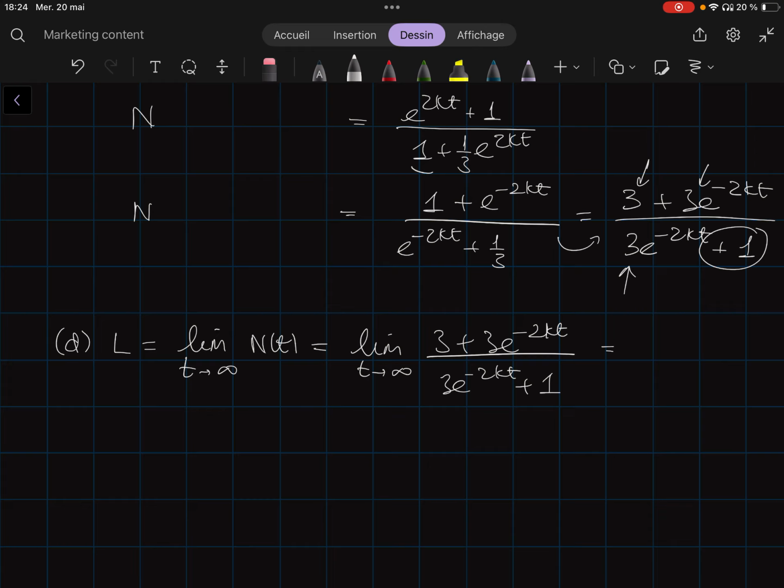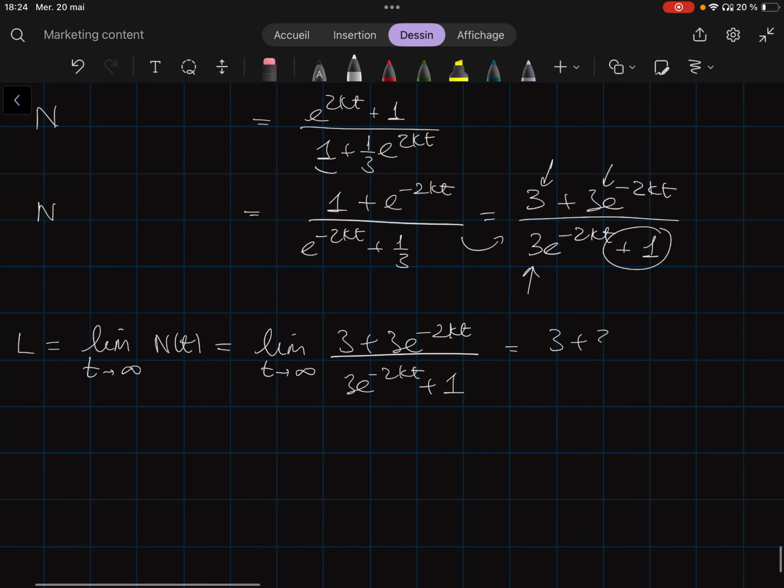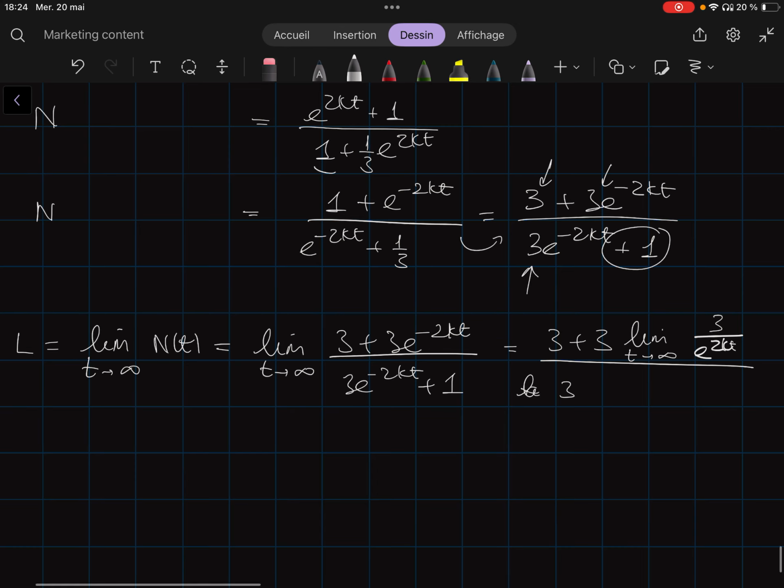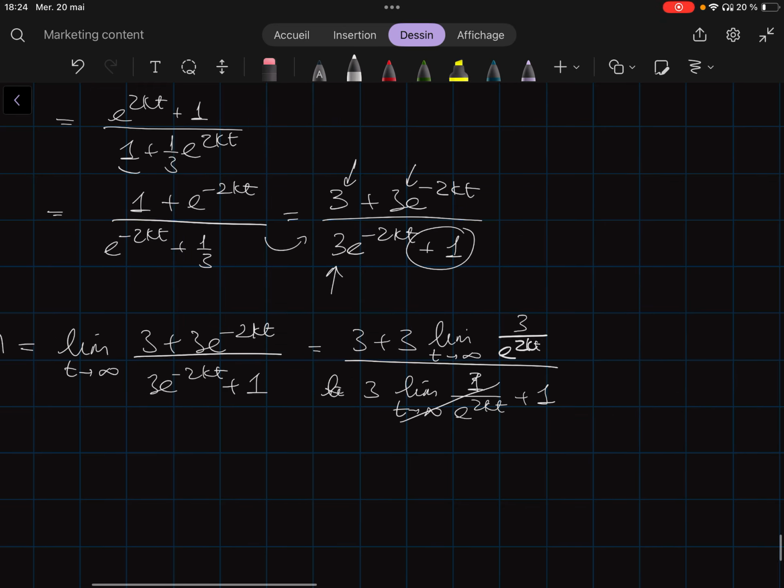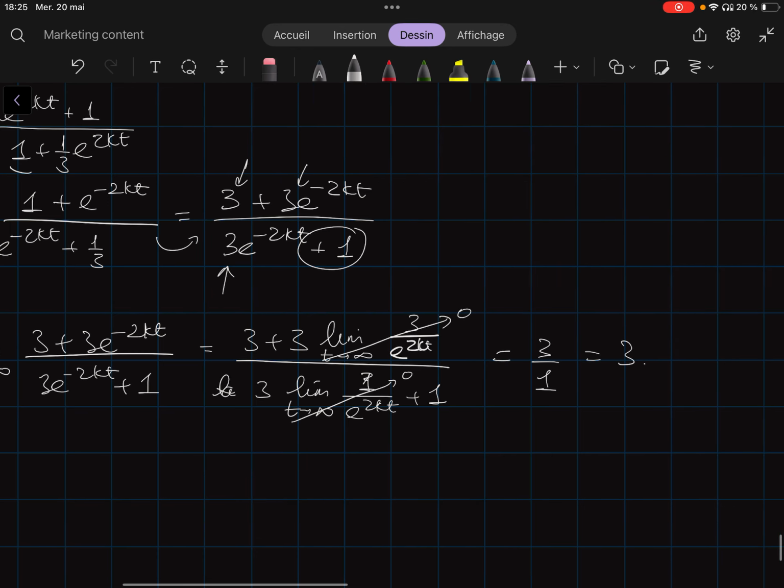So, this means, if I may, I'm going to bring it up here. This is going to go to 0. This is going to go to 0. We will get 3 divided by 1, or 3 as the final answer.